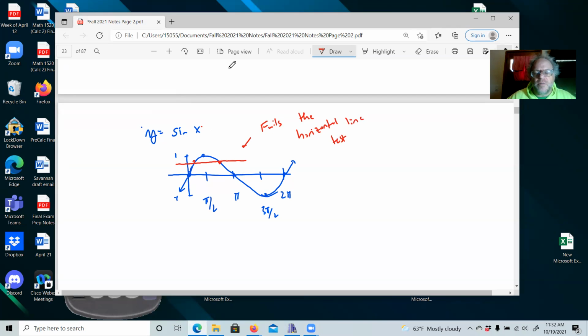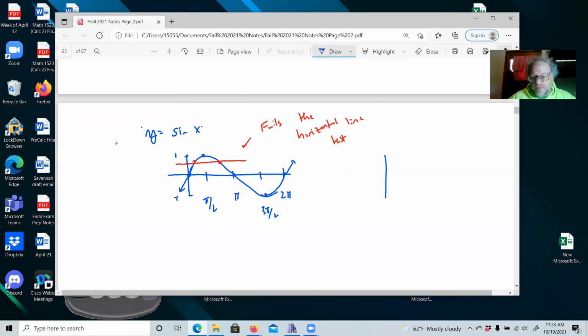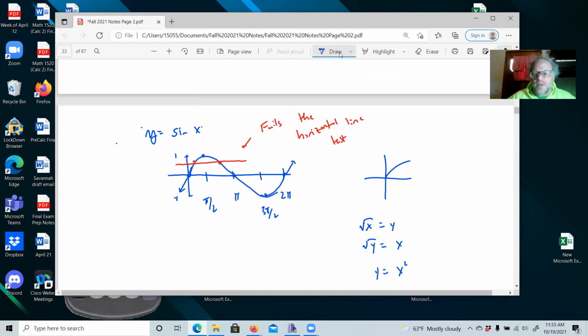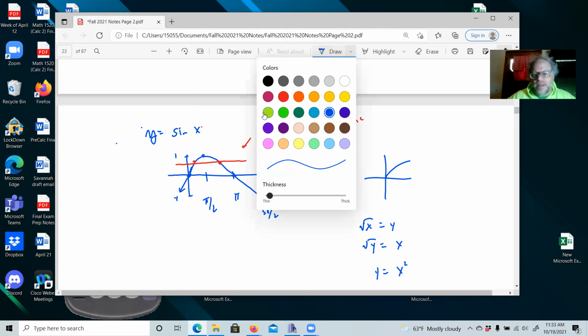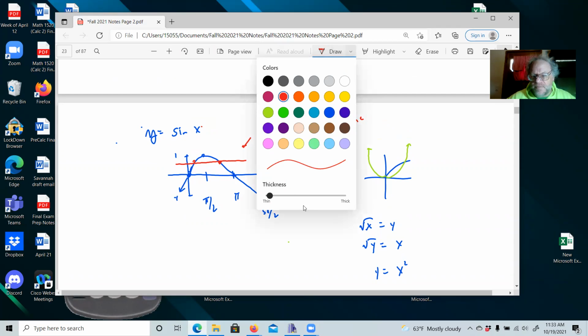Okay, so very similar to what we did when we were looking at an inverse function for the square root function. If we have the square root function, we say, well, what's the inverse? We do square root of y is equal to x, swap the x's and the y's, and we say y is equal to x squared. And most of you said, wait a minute, we have a function that is not one-to-one, it fails the horizontal line test.